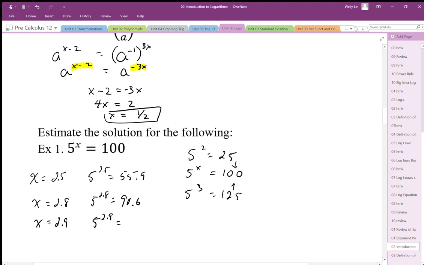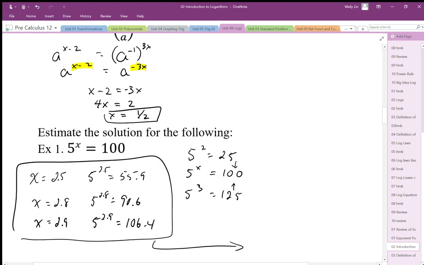Okay, so trying 2.9, I get over, so I'm too high. So I know I'm somewhere between 2.8 and 2.9. So at this point, I have an even better guess. Based on all of this information, I'm going to just say, well, x is about 2.85 maybe, right?